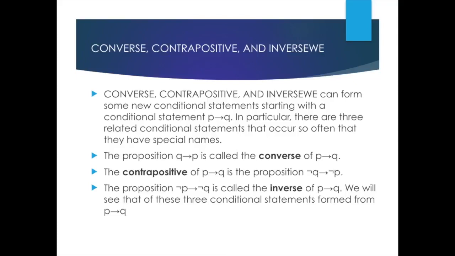So there are three related conditional statements that occur so often that they have special names. The proposition Q implies P is called the converse of P implies Q. Now the contrapositive of P implies Q is the proposition not Q implies not P. If I prove a hypothesis to be true and the result of the hypothesis was also true, the opposite of that is always true, because if the hypothesis was not proposed, I would not get the same result.